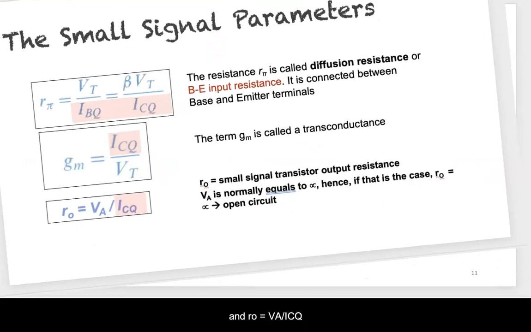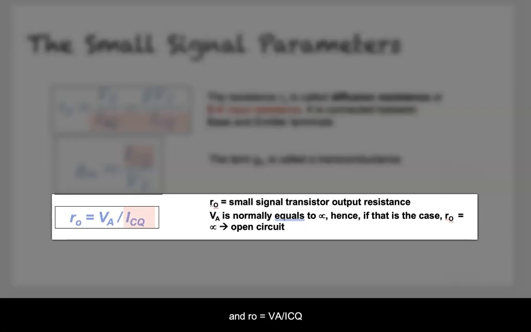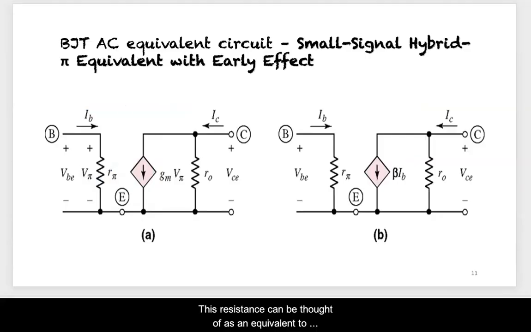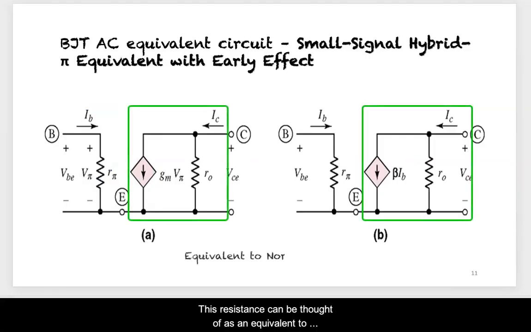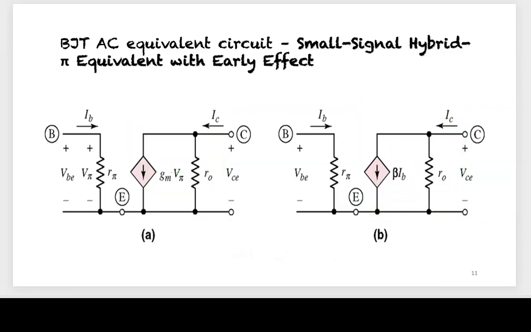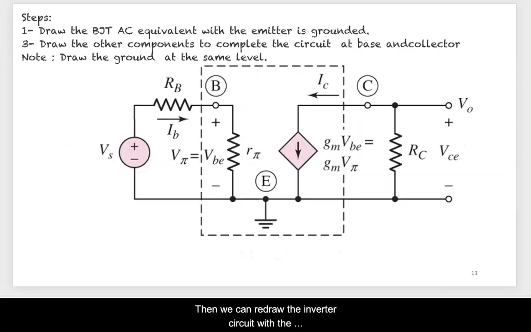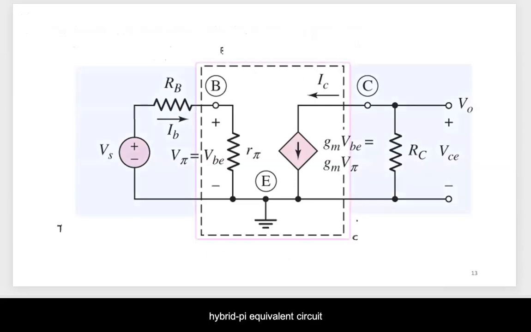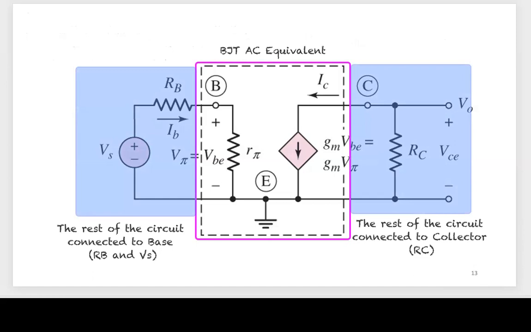And ro is equal to VA over ICQ. This resistance can be thought of as an equivalent to Norton resistance, where ro is in parallel with the dependent current source. Then, we can redraw the inverter circuit with the hybrid pi equivalent circuit.